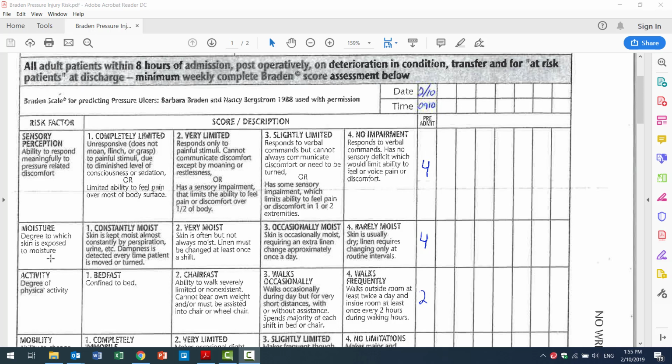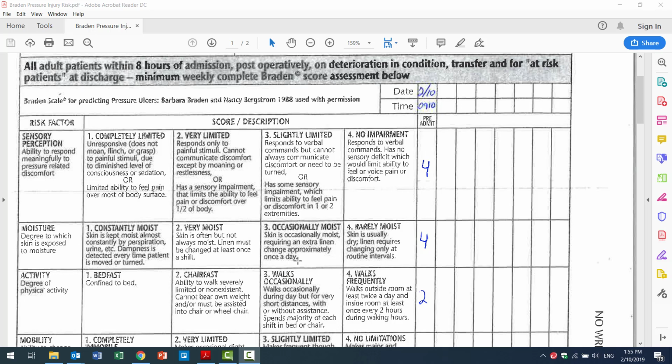For moisture, this is the degree to which skin is exposed to moisture. In this case, the patient has been deemed a 4, where they are rarely moist, the skin is usually dry, and linens require changing only at routine intervals, which are usually once a day or once every couple days. For occasionally moist, the skin is occasionally moist and requires an extra linen change approximately once a day.